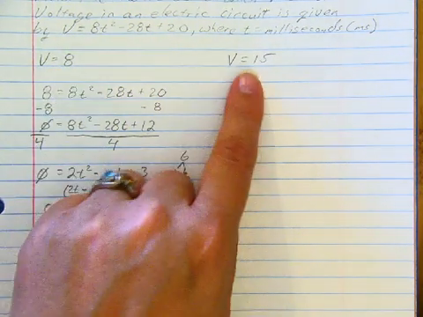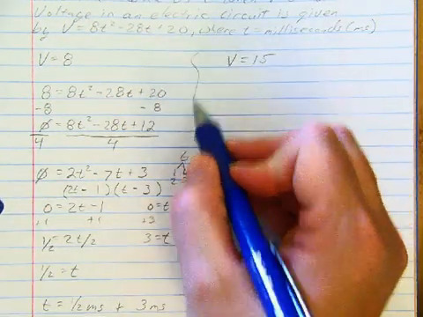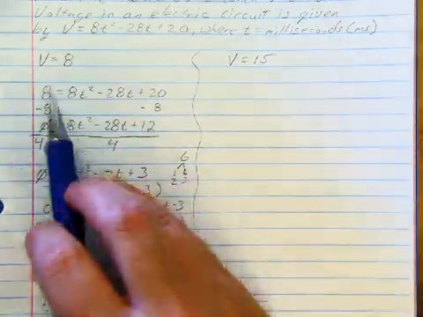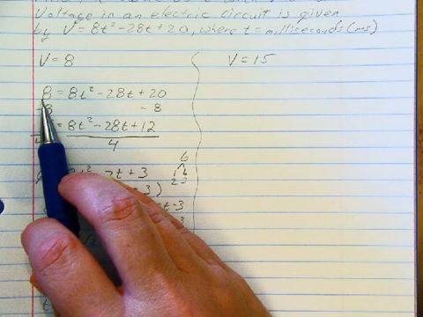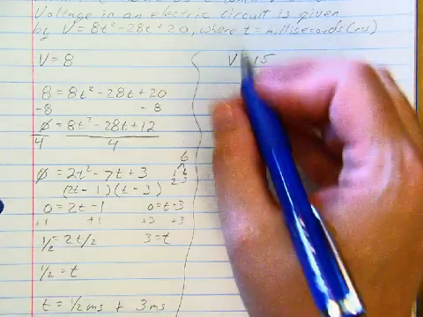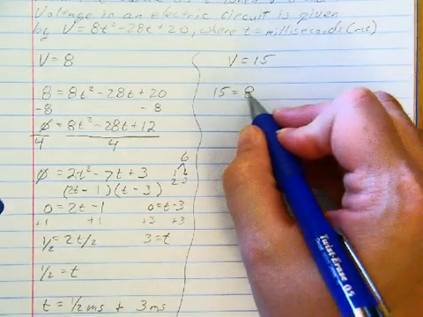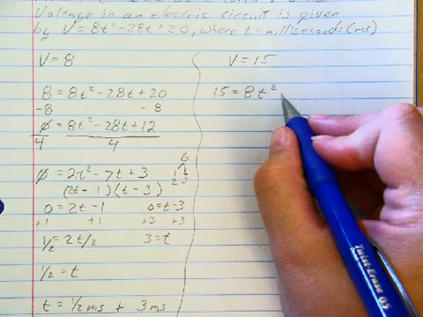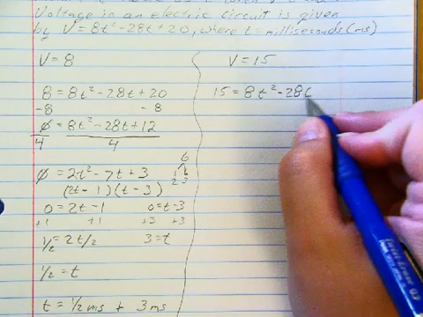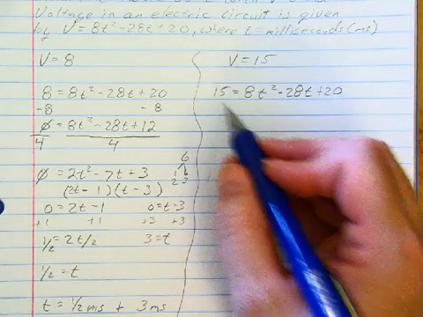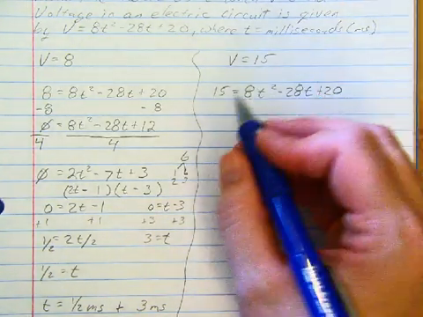All right, so now we're going to do v equals 15. So same process, just now instead of plugging in 8 for v, we're going to plug in 15. So we're going to go 15 equals 8t squared minus 28t plus 20. Again, we have to move the 15 so that we have this equal to 0.